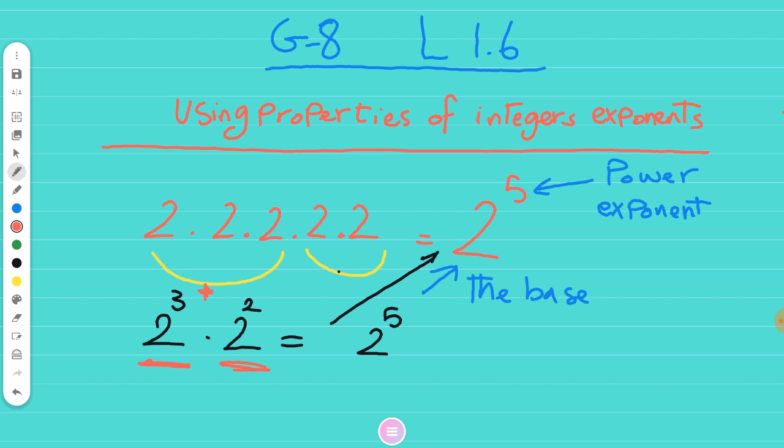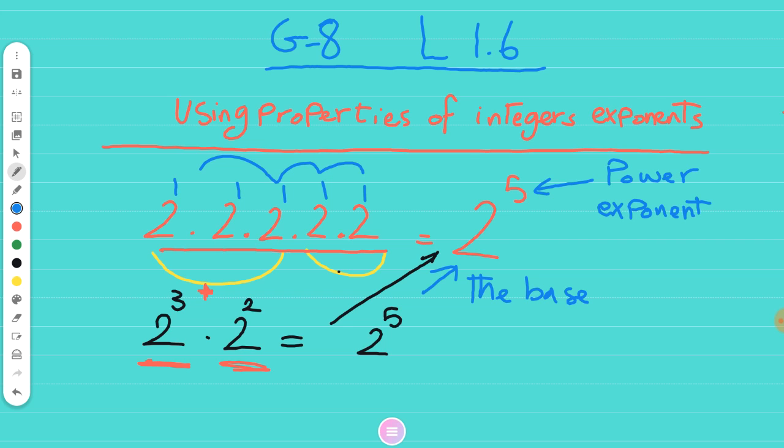By the way, in this example, 2 times 2 times 2 times 2 times 2 is 5. So we can consider that the power here is 1, 1, 1, 1, 1. So 1 plus 1 is 2, plus 1 is 3, plus 1 is 4, plus 1 is 5.